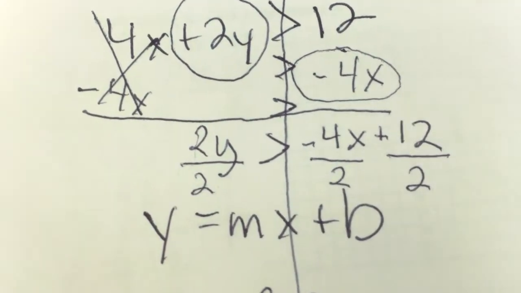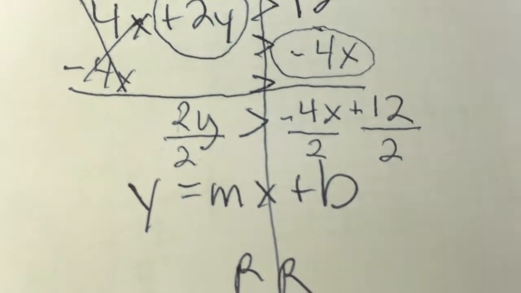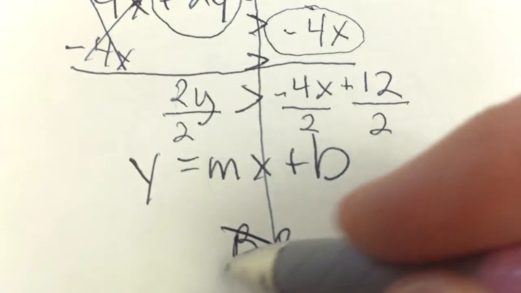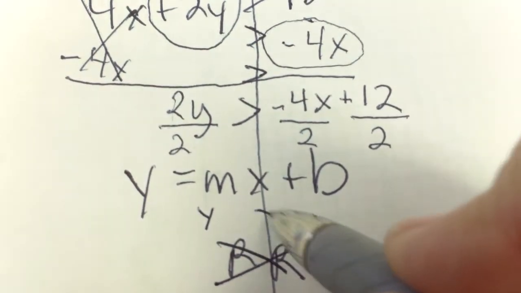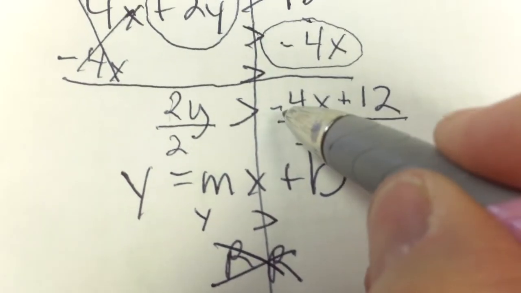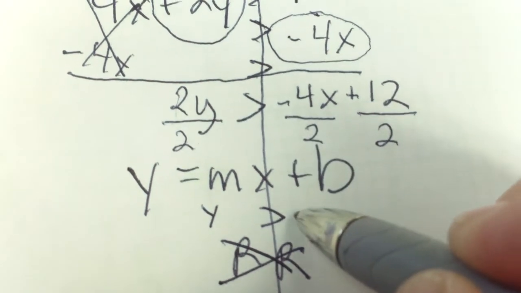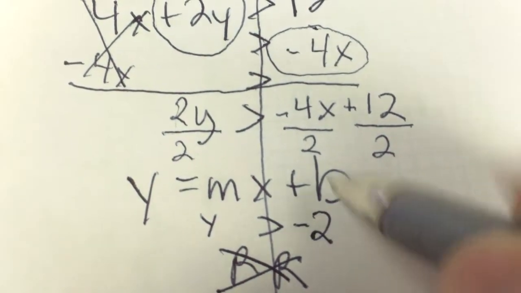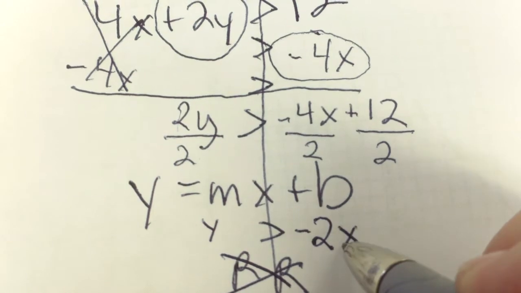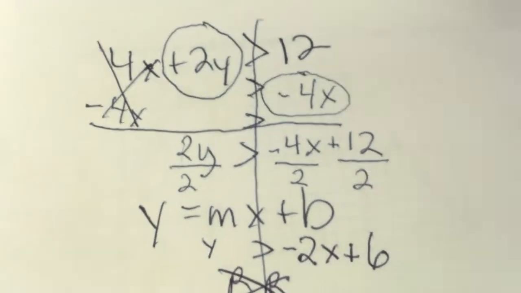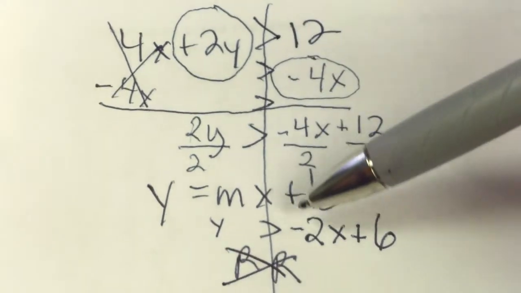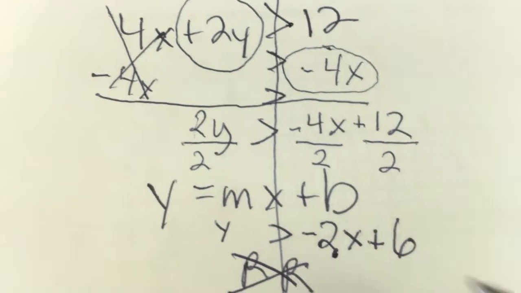Did I multiply or divide by a negative number? I did not, so I don't have to do the random rule. So I have y is greater than negative 4 divided by 2 is negative 2. That's my slope, that's my m. Then here's my x, and then here's my positive 6. So I took this inequality and I put it in slope-intercept form.